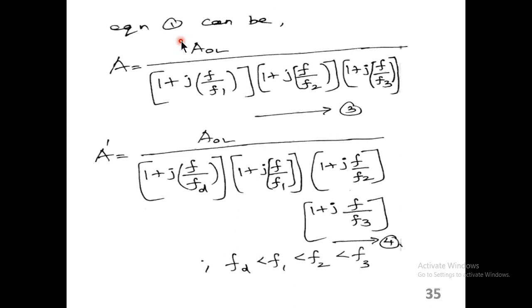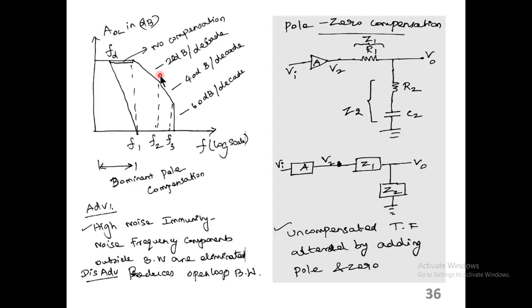Equation number 1 is written as equation number 3, and from that equation number 4 with the 3 corner frequencies with the dominant pole frequency. This is the characteristics of frequency compensation, and this area is called dominant pole compensation.